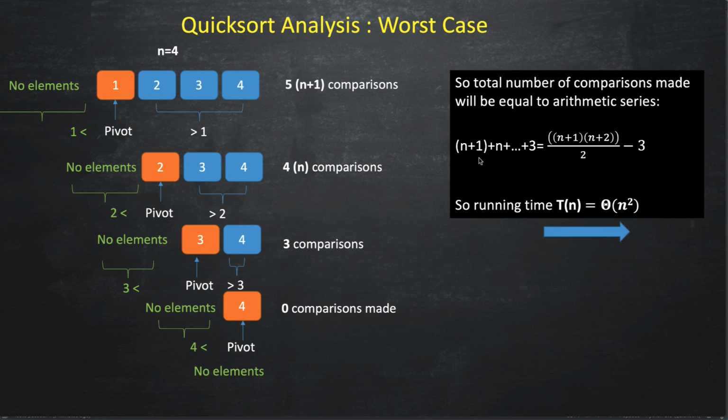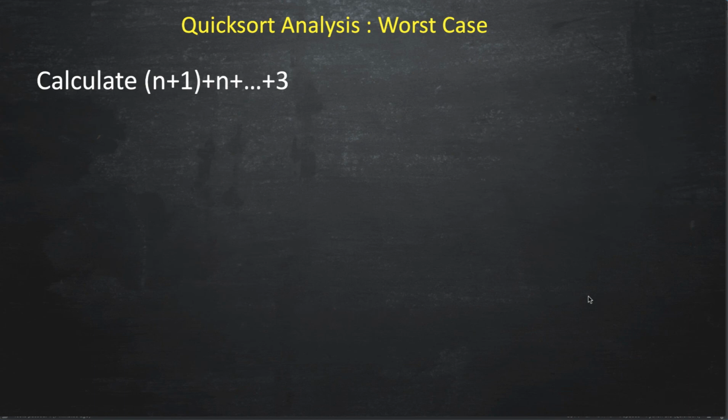If you are interested in knowing how to solve this equation, I have those steps here. I'm not going to go into detail, but if you're interested, you can pause this video and look at this calculation.